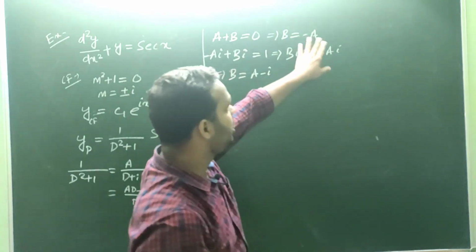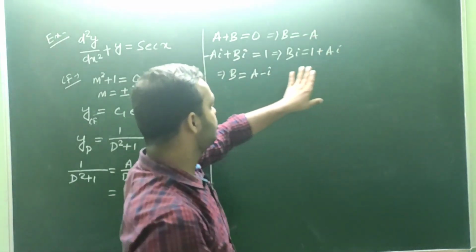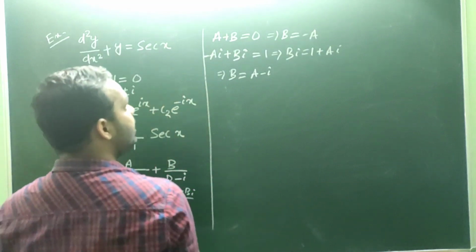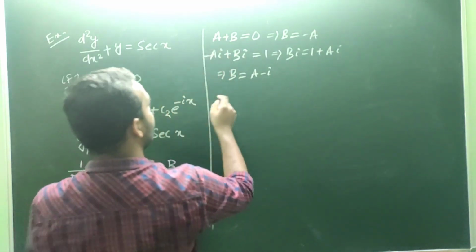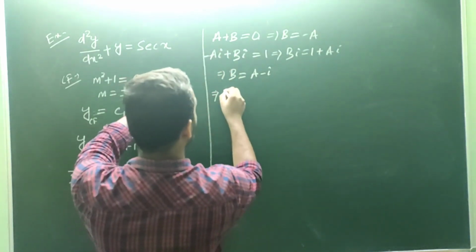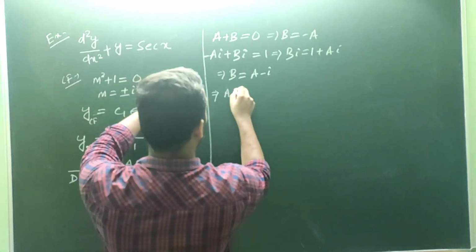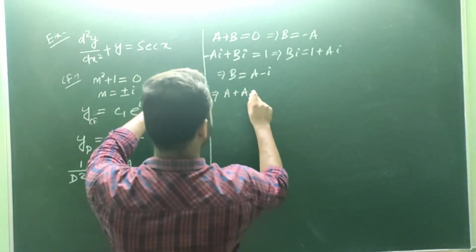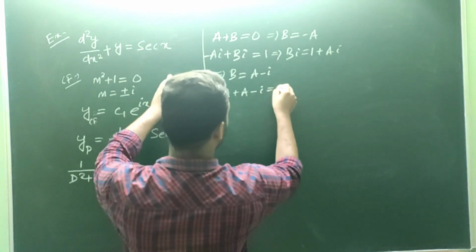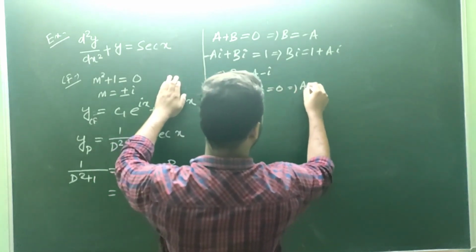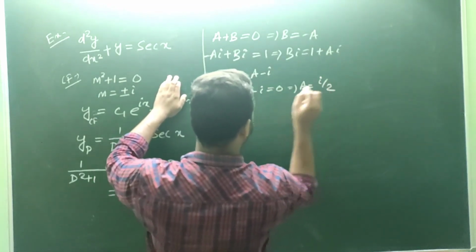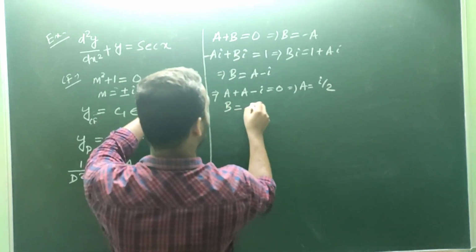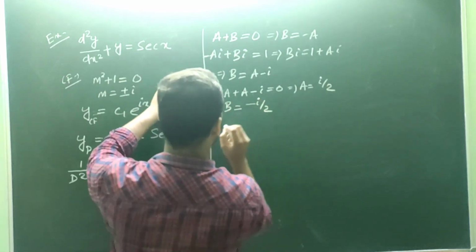If you multiply i on numerator and denominator, this will be minus i, right? So put this b here. This will be a plus a minus i is equal to 0. That implies a will be i divided by 2 and b will be minus i divided by 2.